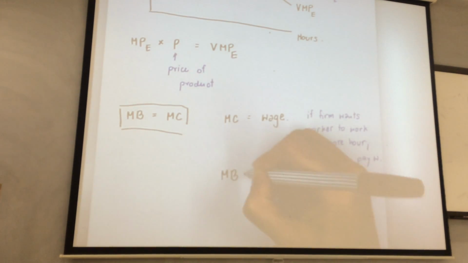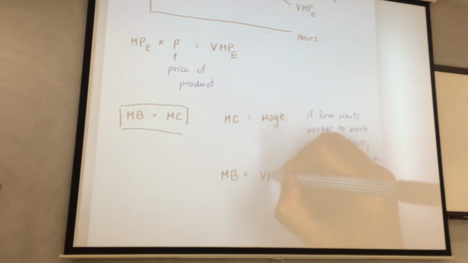So marginal benefit is equal to VMP of E, which is the hours that workers spend. So you only need to equate the value of marginal product and the wage, the cost that you pay, right?